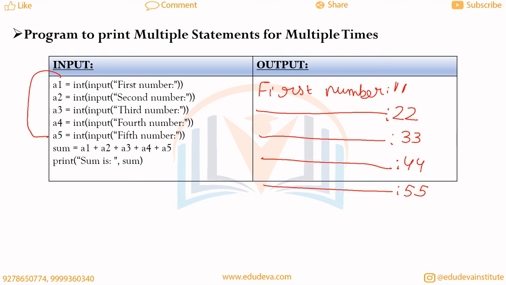So these are the values entered by the user, not by us. So it will calculate the value of sum, which is a1 plus a2 plus a3 plus a4 plus a5, and give the output as sum is, with the sum of 11 plus 22 plus 33 plus 44 plus 55 at this space.